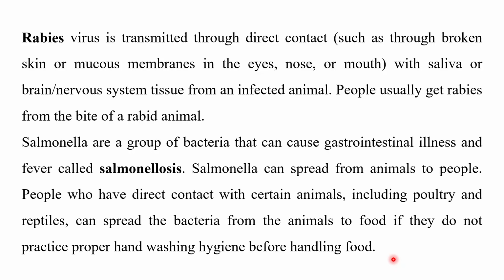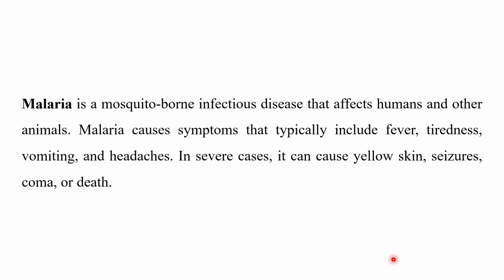So salmonellosis is an infectious disease caused by Salmonella bacteria. And the last was malaria. I've already told you, malaria is a mosquito-borne infectious disease. The female Anopheles mosquitoes are the vectors that affect humans and other animals.